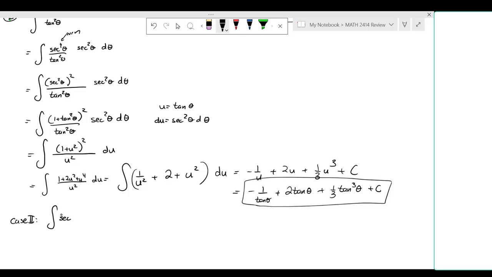So I guess secant cubed and maybe tangent cubed. Right, so the case I'm talking about, well, that's just an example of that case, but that's when the power for tangent is odd. So the power for secant can be whatever, but the power for tangent is odd.